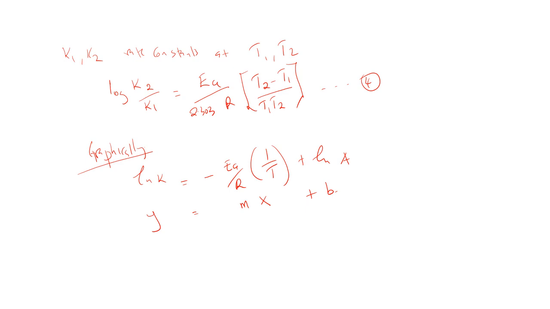So the two variables in this equation, the two things that you'll be able to plot, are natural log of k and the reciprocal of temperature. So we can plot the natural log of k against 1 over T. If we plot it, the line should come like that.